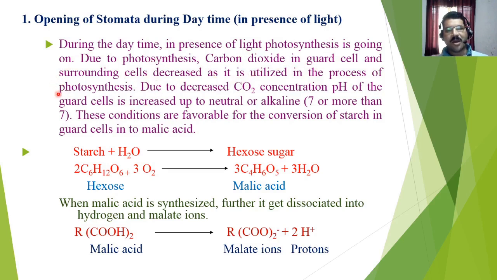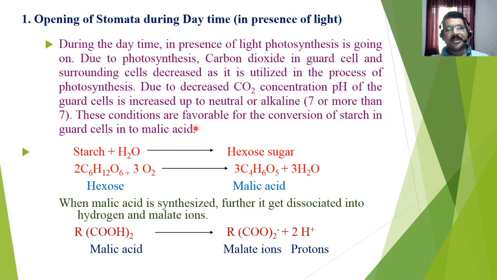So the carbon dioxide present in the vicinity of the guard cells becomes decreased. Due to decreased CO2 concentration, the pH of the guard cells gets increased, up to neutral or it becomes alkaline, 7 or more than that.